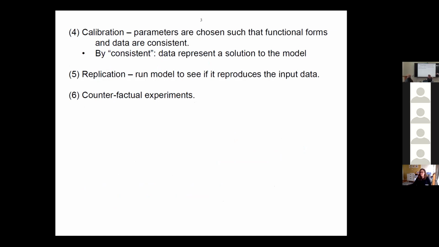You run the model and it just spits back what you put in. That's called the replication check. And it's really valuable. It's a necessary but not a sufficient condition. Because if you don't pass the replication check, you don't know what's going on. You can't just start running counterfactuals.